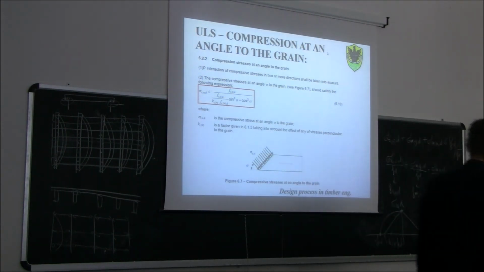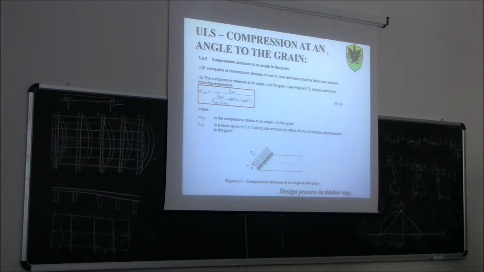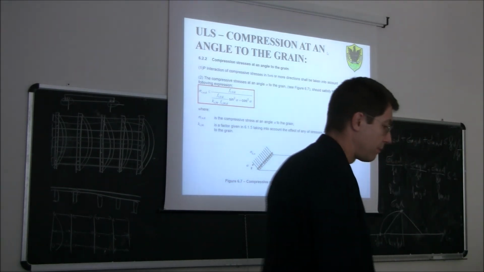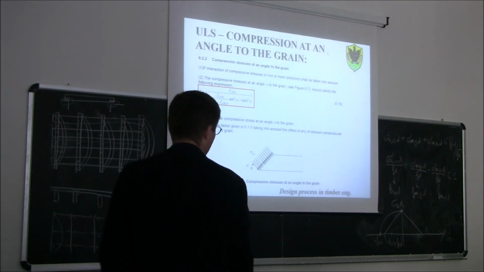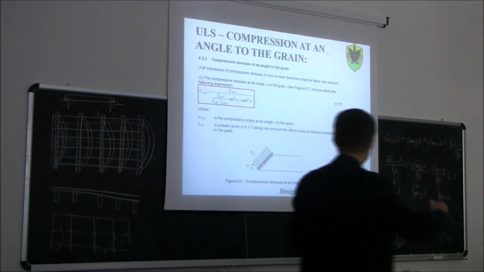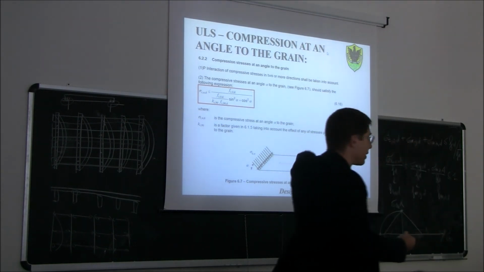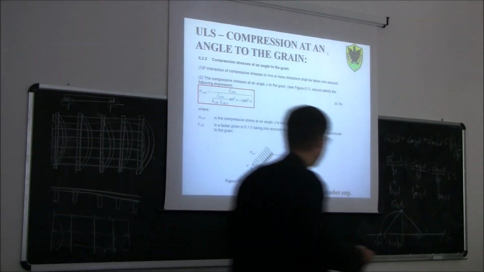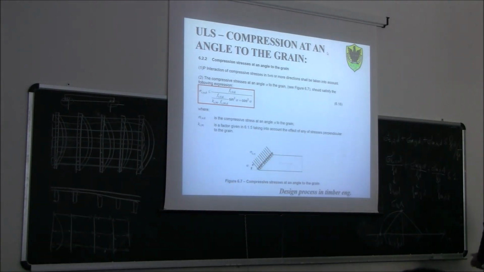The other case is the case of compression at an angle to the grain. This is a case that we can have particularly in the joints. So if you have, for example, a carpentry joint, like a king post structure made of wood, in the connection region we might have to check the compression at a certain angle to the grain, for example, something like this.